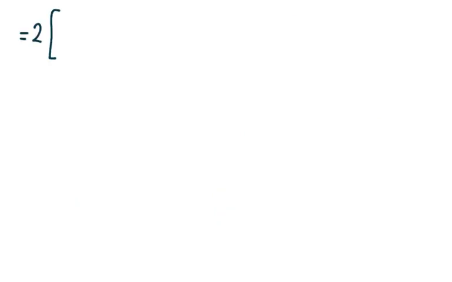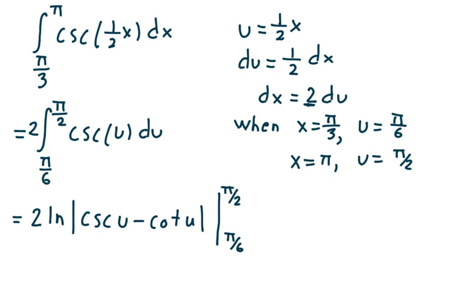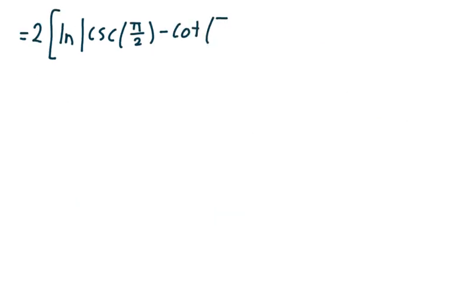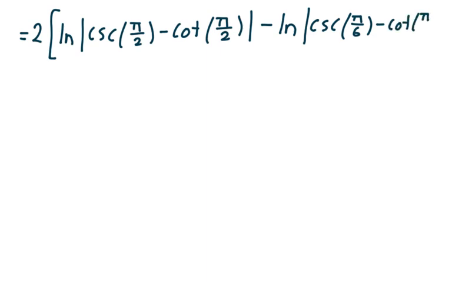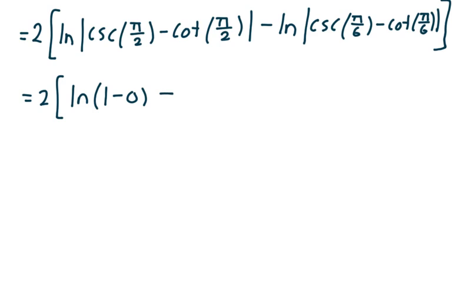So this is 2 times the quantity, natural log of cosecant of pi over 2 minus, let's remind ourselves, cotangent of pi over 2, minus natural log of cosecant of pi over 6 minus cotangent of pi over 6. Now, cotangent of pi over 2 is 0, and so cosecant of pi over 2 is 1. So this is 2 times natural log of 1 minus 0 minus natural log of.